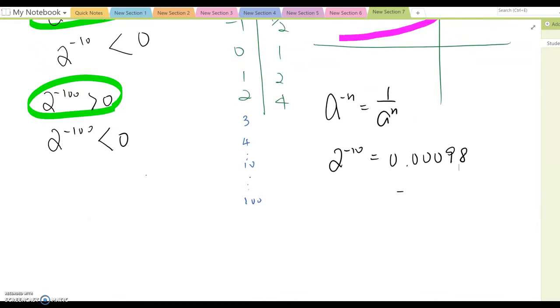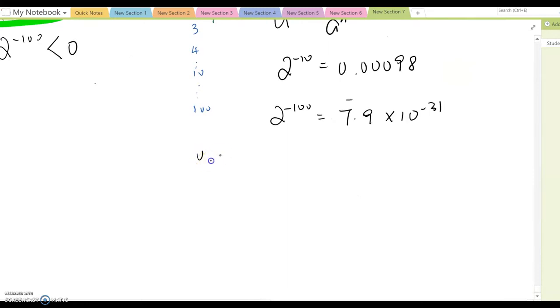If you do 2 to the negative 100, then this becomes 7.9 times 10 to the negative 31, which means 0.000 with about 30 zeros and then 7, 9, something like that. Anyway, all these values are still bigger than 0 because it is not exactly 0.